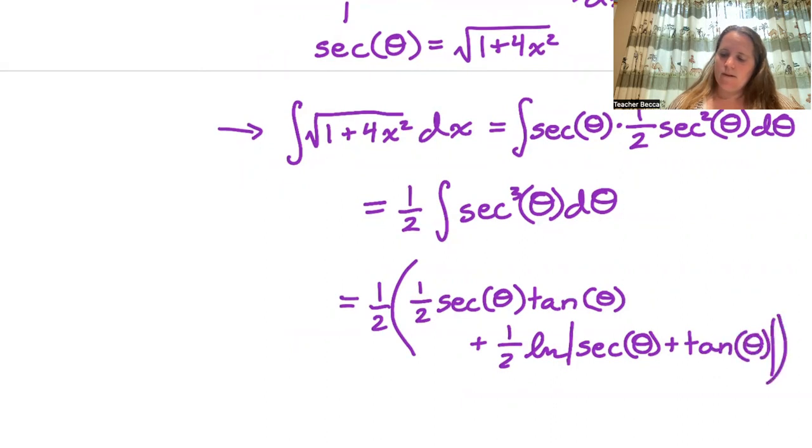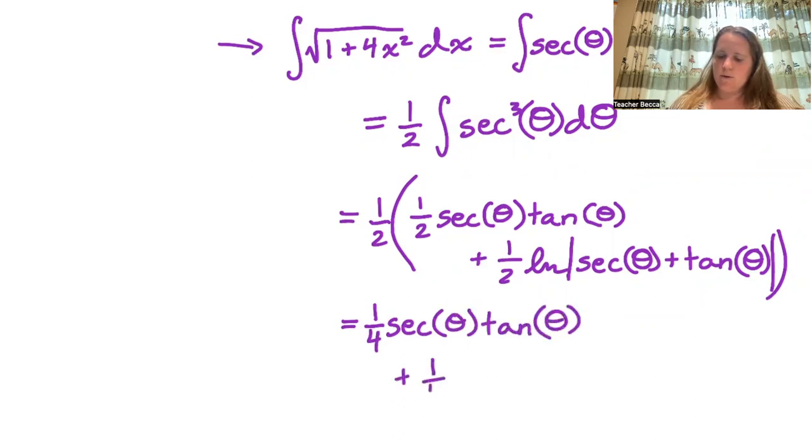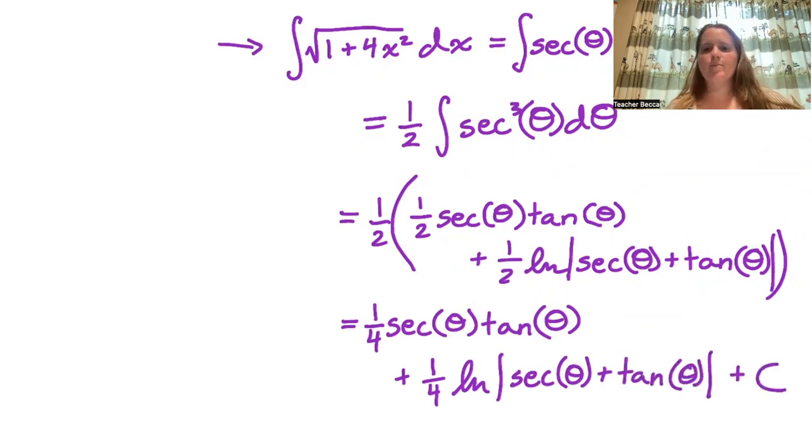Or in other words, we have 1/4 times secant theta tangent theta plus 1/4 times the natural log of the absolute value of secant theta plus tangent of theta. And of course, we technically have our plus c.